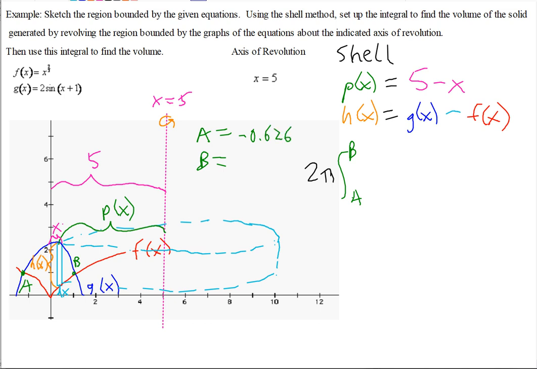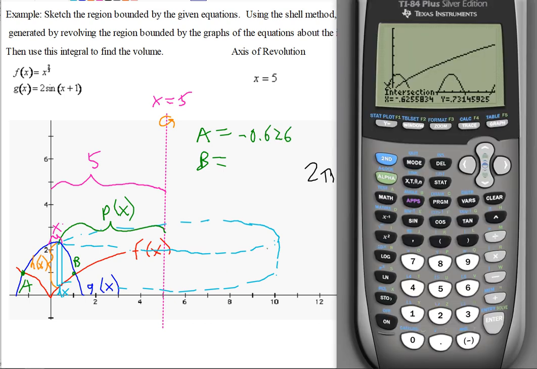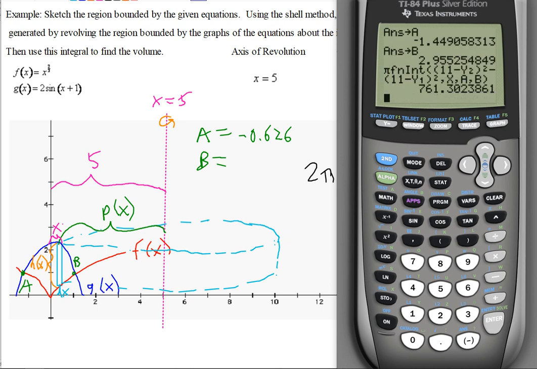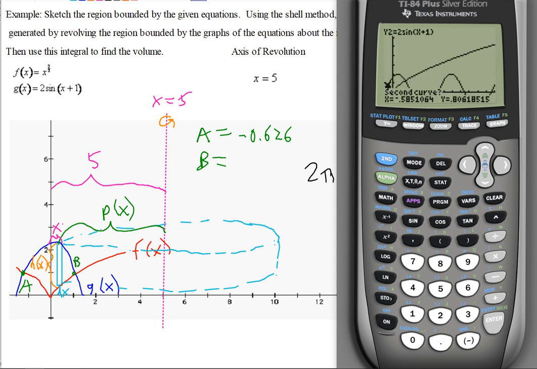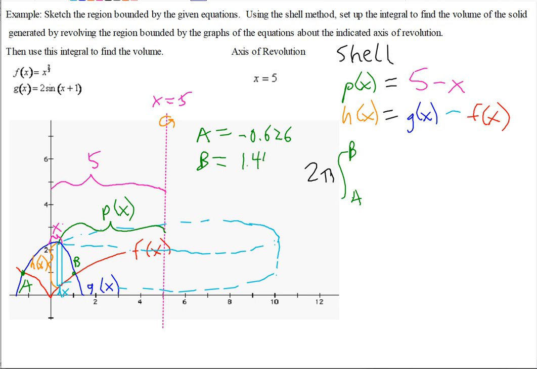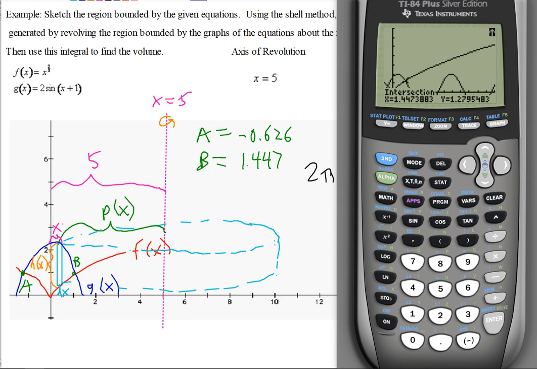Let's store that in our calculator. So quit, store alpha A. And let's find the other one, second calc intersect. First curve enter, second curve enter. I'll guess this one's at 2. It's at 1.447. So let's store that in our calculator. So quit, store alpha B.